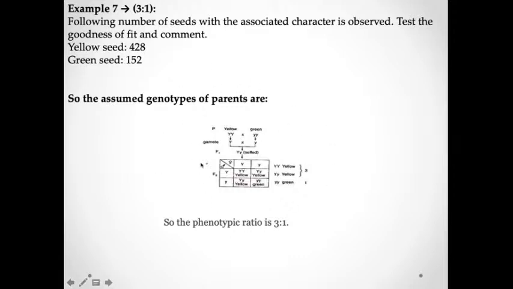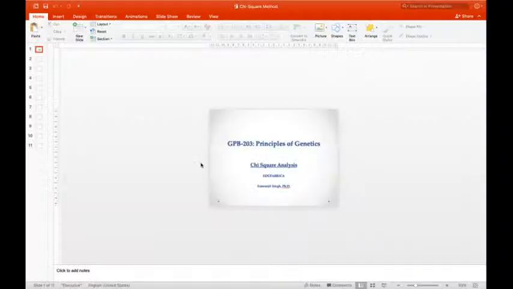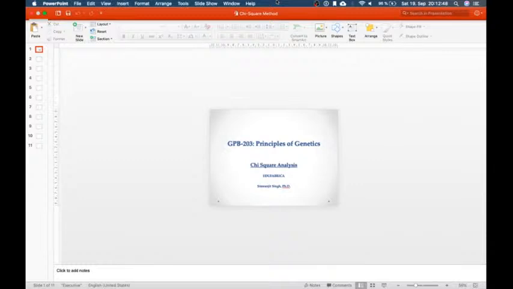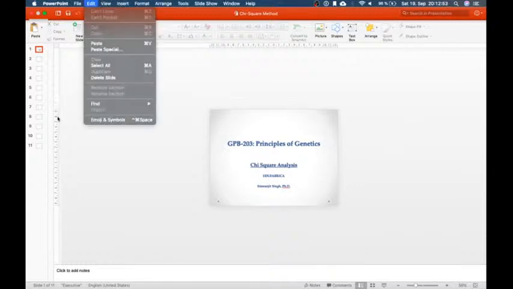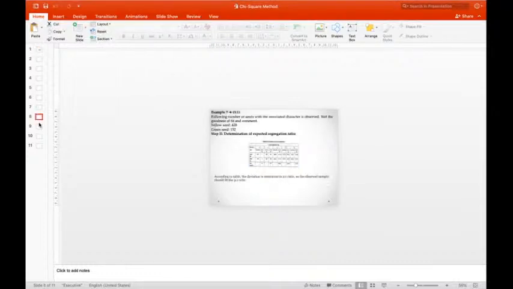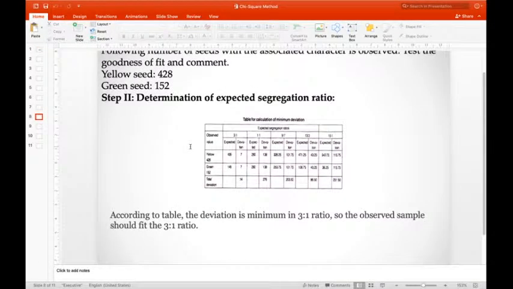I hope this chi-square method is clear to you. That was quite easy and straightforward. You just have to use this formula. First you calculate expected and deviation, then you find which one is the least value, like in this case 14.